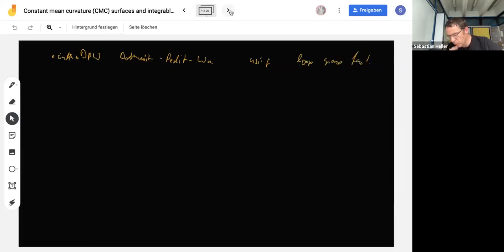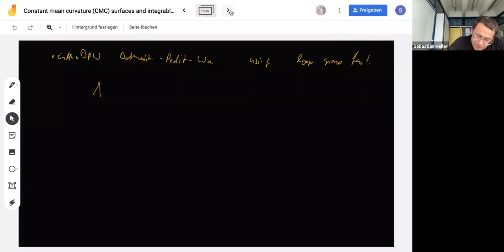So what are loop groups? I do not go into the analytic problems here. If you want to learn about loop groups, you should definitely consult the book by Pressley and Segal. But of course, there are also short, simpler accounts. For example, you find all the necessary material in the DPW paper, the original one.